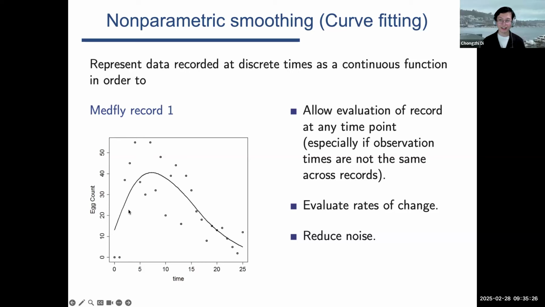We want to fit a flexible curve to reflect what we think is the mean signal. In practice, they are all contaminated by noise, so if you connect the dots directly, it's too wiggly, right?